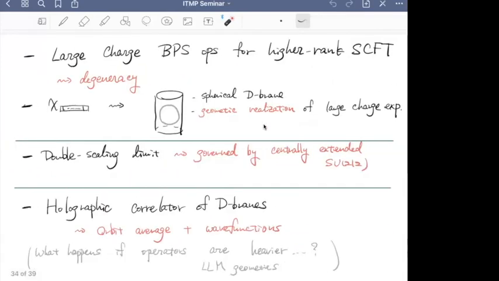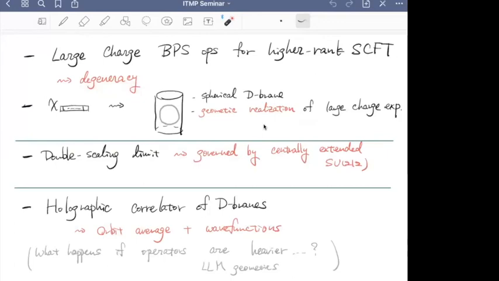Let me summarize what I explained today. I explained that large charge BPS operators for higher rank superconformal field theory are more complicated because of the degeneracy.